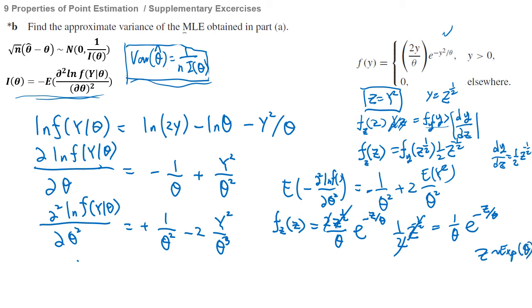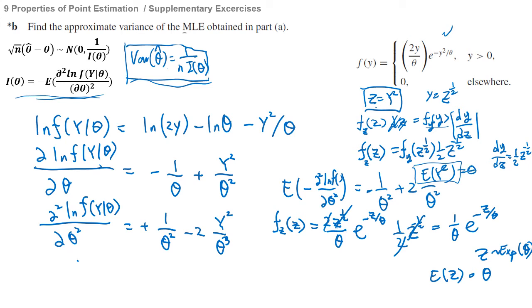So the expected value of z is theta, and here z is y squared, so the expected value of y squared is theta.